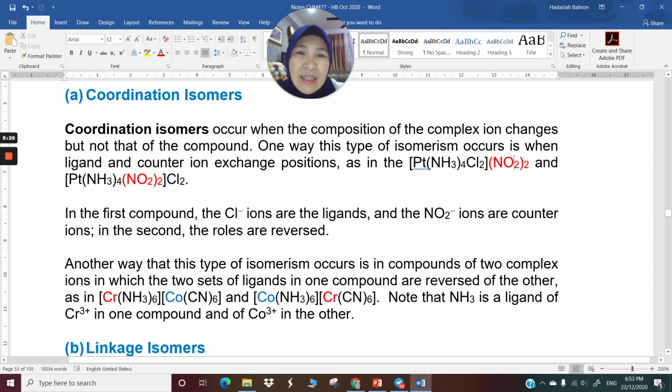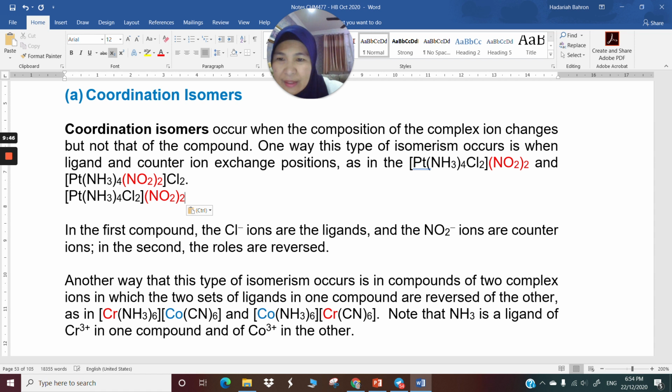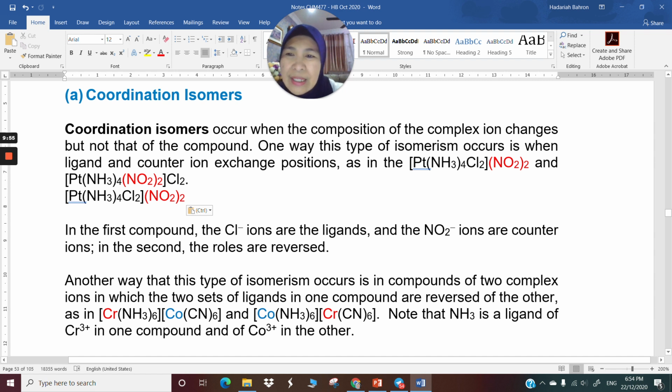They may exchange place, where chloro becomes the counter ion and NO2 becomes the ligand. So when you have these two exchanging place, then you call that coordination isomerism.